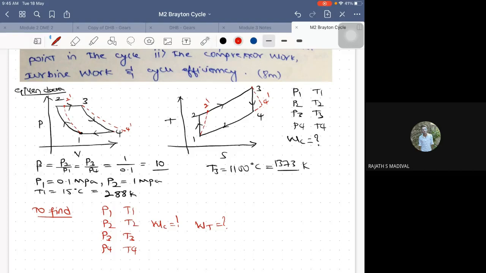What do you mean by cycle efficiency? Efficiency of the Brayton cycle. So that also we need to find out.